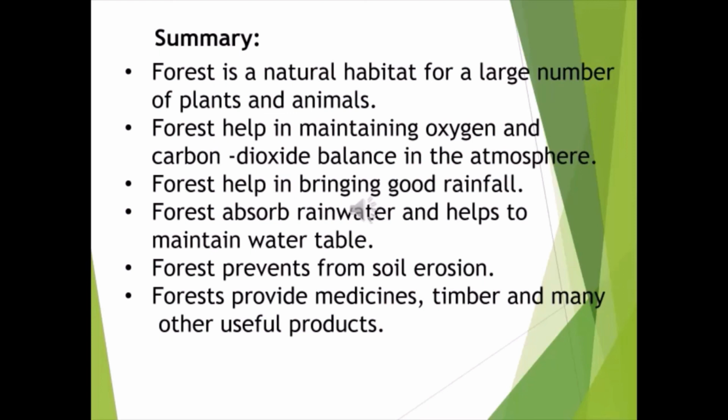They absorb rainwater and help to maintain the water table. It prevents soil erosion and provides medicines, timber and many other useful products. So forest gives a lot of uses for us.